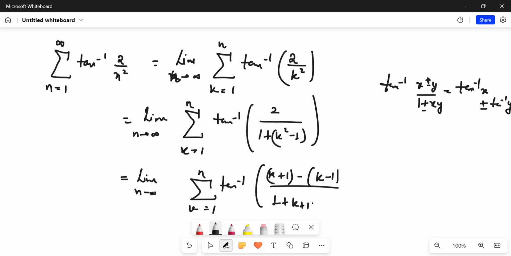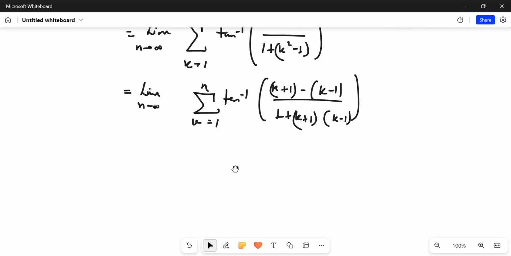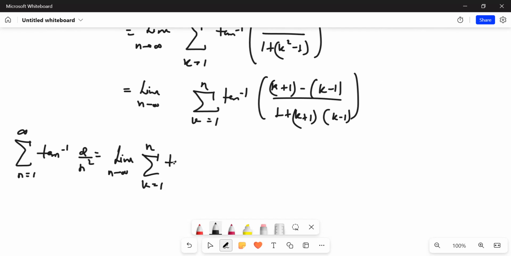Now don't forget that we are finding the sum of tan inverse of 2 upon n square, n equals 1 to infinity, which is equivalent to the limit n tending to infinity, sum k equals 1 to n, of tan inverse of k plus 1 minus tan inverse of k minus 1.